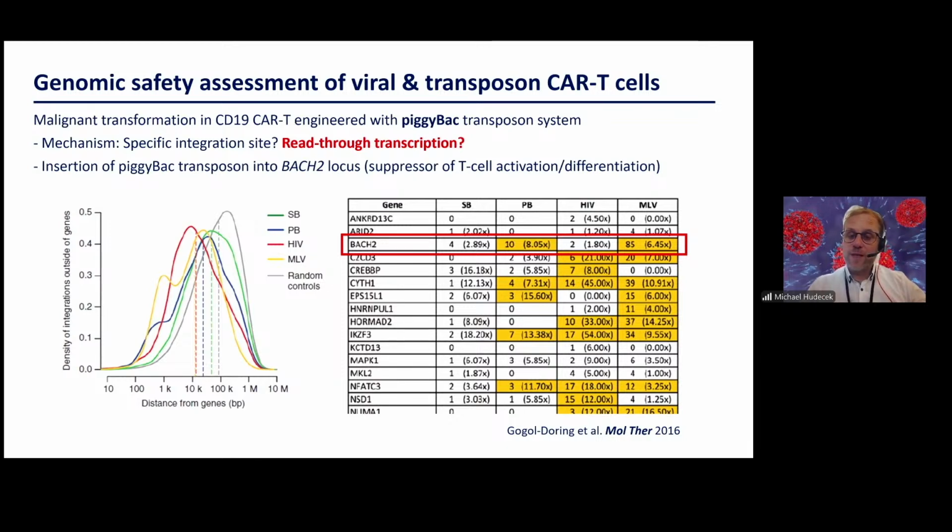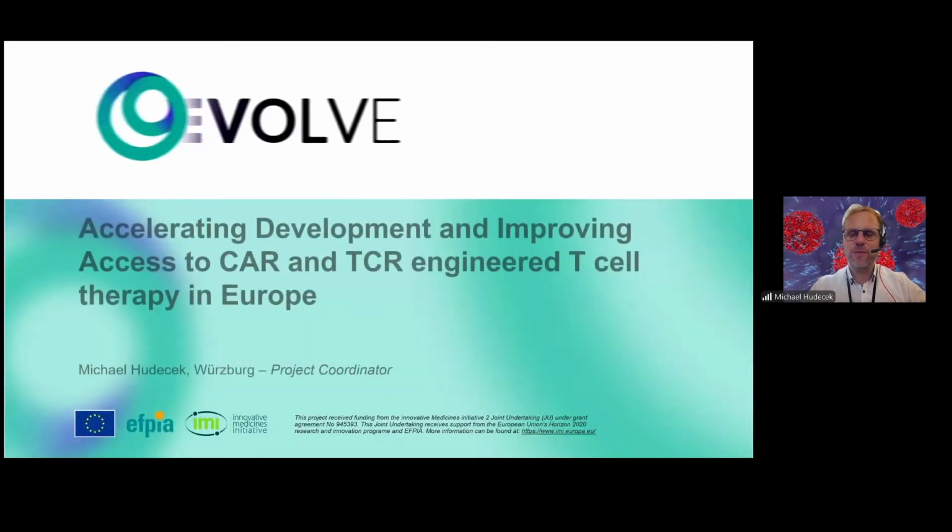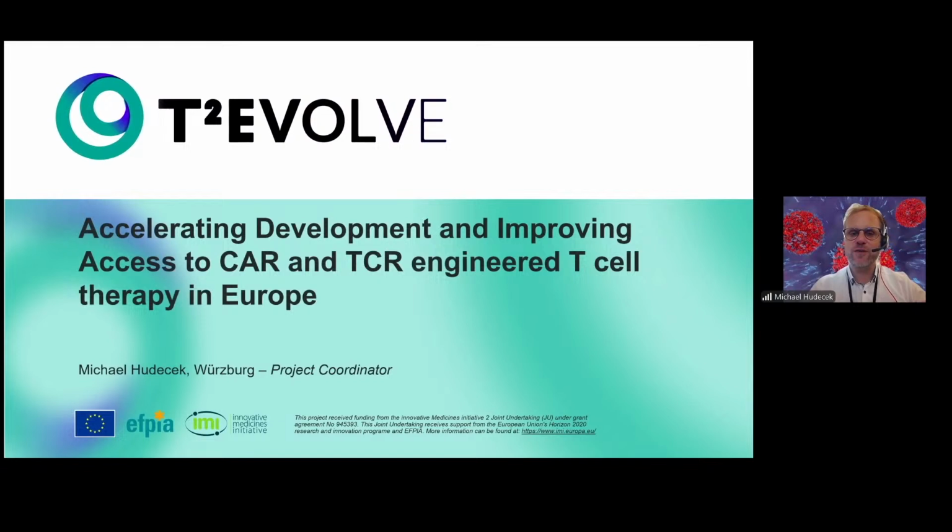So with this, I'll turn to the last part of the talk and talk about some teamwork that we've been doing in creating an innovation ecosystem in order to accelerate the development of CAR and TCR engineered T-cell therapies. In the European Innovative Medicines Initiative, T2Evolve is a multi-stakeholder public-private partnership project that has taken on this challenge.